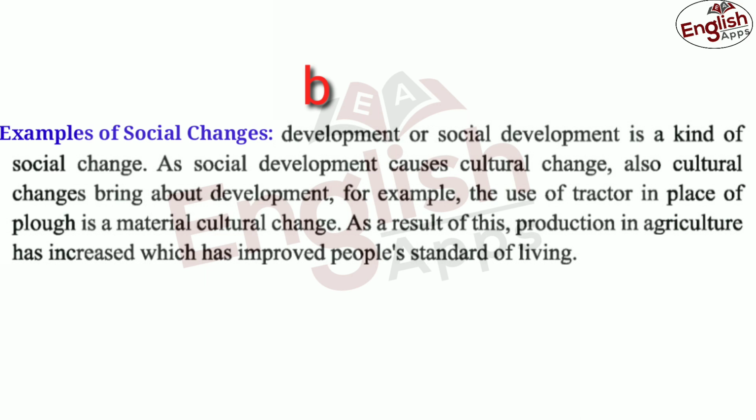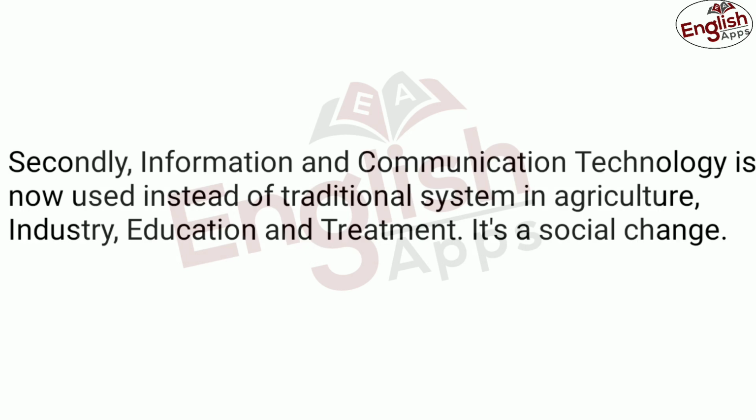Now we'll give you another example of social change. Secondly, information and communication technology is now used instead of the traditional system in agriculture, industry, education and treatment. It is a social change. Once upon a time there was a traditional system in agriculture, industry, education and treatment. Now we use information and communication technology in this case.